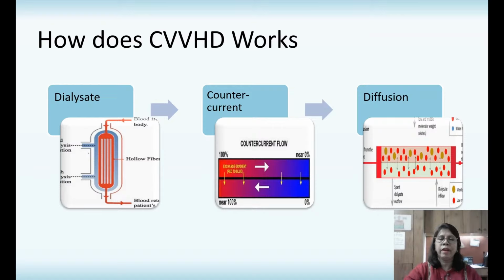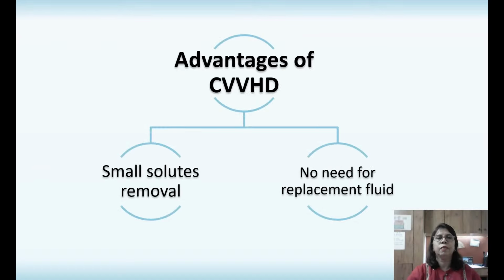However, there is a very small amount of convection which also occurs because high ultrafiltration rates are used, not as high as CVVH, and they are certainly not as high as requiring IV fluids to be given externally. So the major advantages of CVVHD is that the small solutes are removed easily, and also there is no requirement of additional IV fluids to be given to the patients.